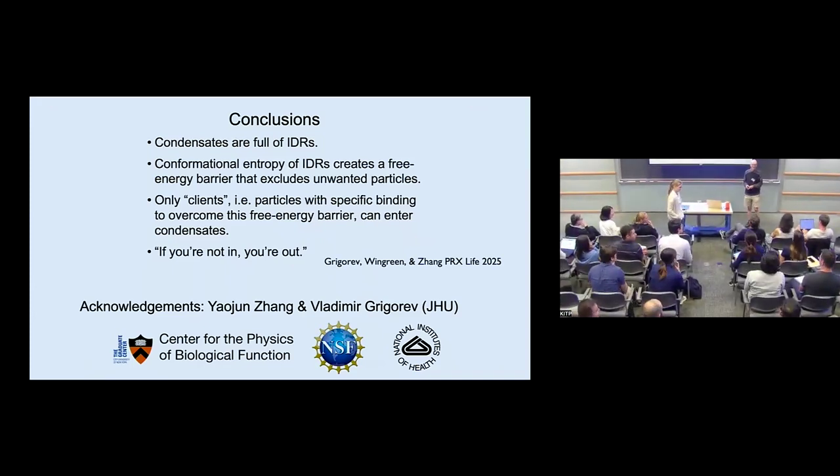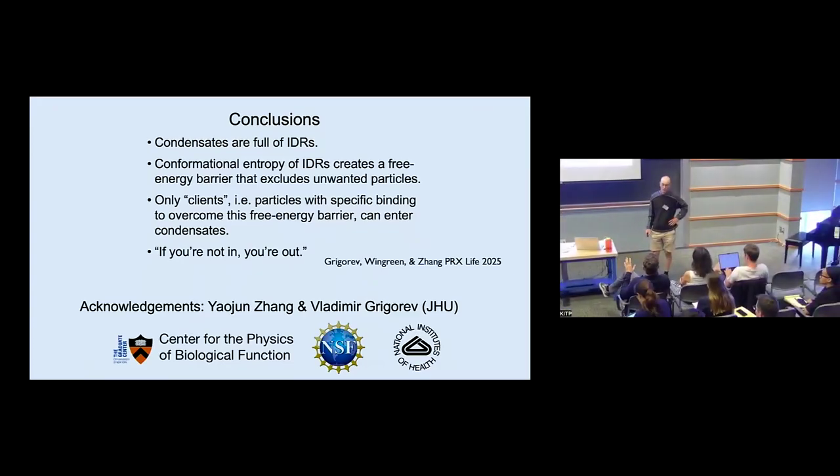One thing I'm wondering about is that these condensates in cells are much more complex than, let's say, 2,000 proteins, and they all need to evolve an IDR. Is there enough evolutionary pressure to evolve IDRs on all these proteins to have this effect? I don't think that's necessary.